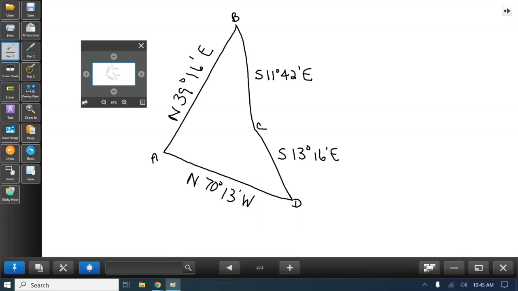What are all the interior angles? So I want all interior angles for this. If y'all want to take a break while you're writing it up, and then we'll kind of go over it.